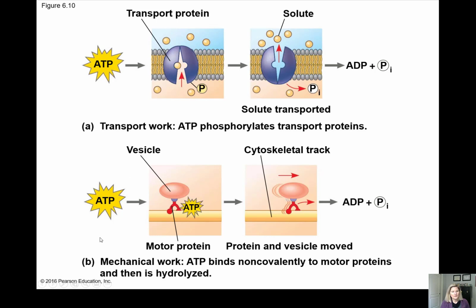And then we already talked about the mechanical work one, where we have the motor protein. That motor protein is going to use the phosphate from the ATP being hydrolyzed, and that's going to provide enough free energy for it to react or move in that case.